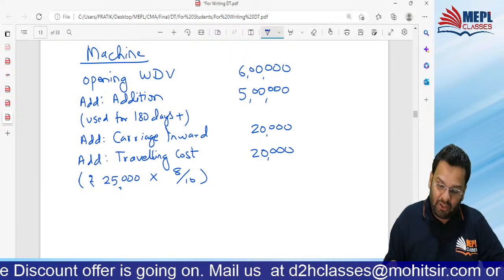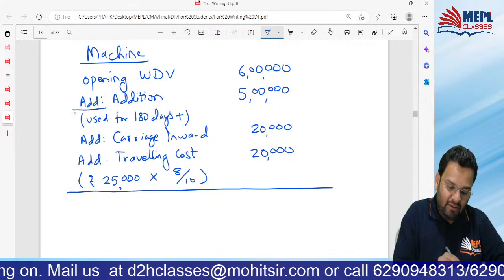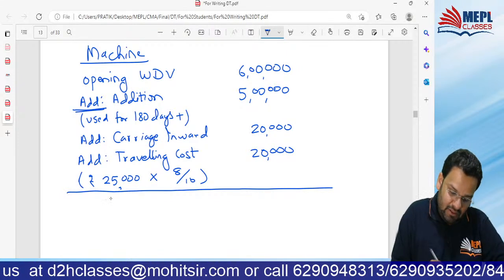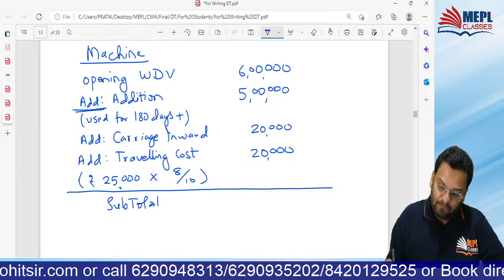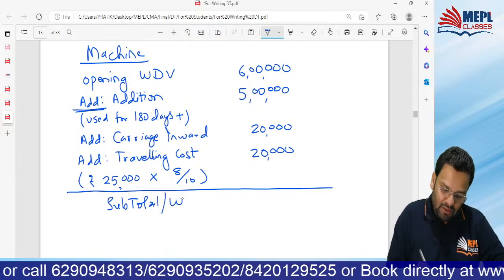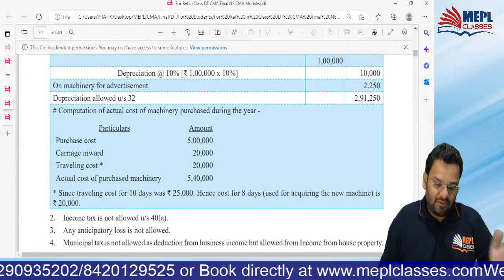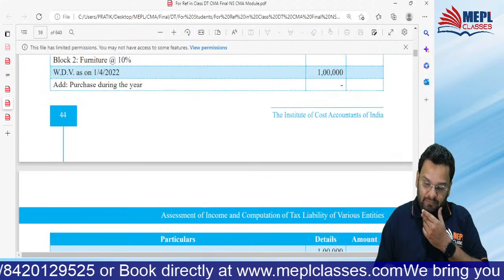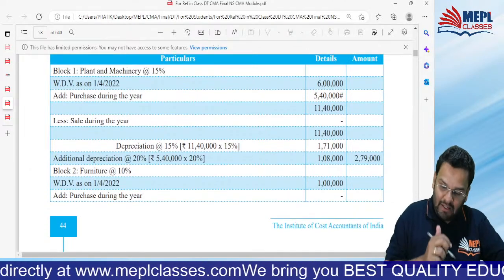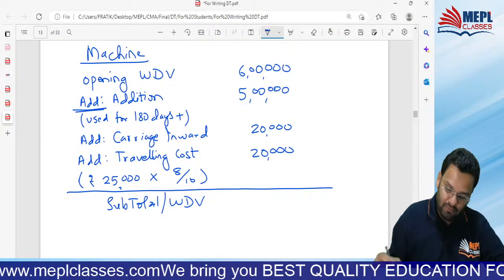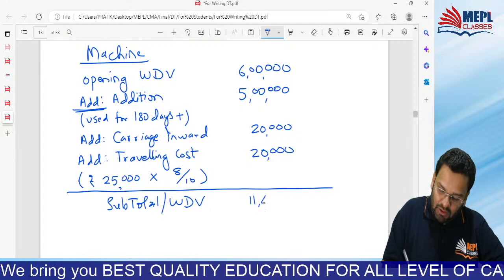So your actual opening, add this addition, this subtotal comes to subtotal, you can also call it as WDV, because there is nothing else in this. So it comes to 11,40,000.